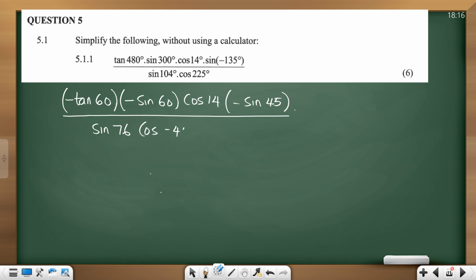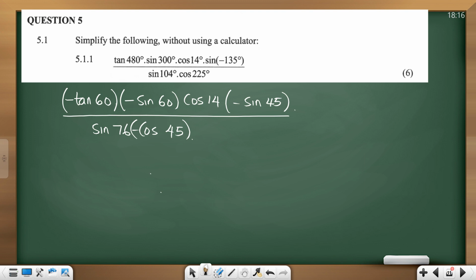Cos negative 45, right? But cos negative 45 is the same as what? Cos 45. No, we said cos 225, right? Sorry, my negative is there. Are you aware that I'm already on 5?